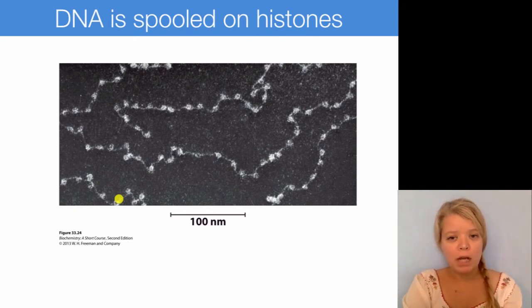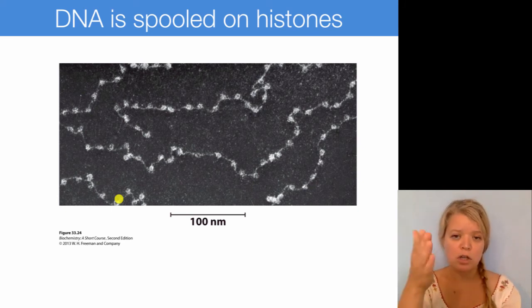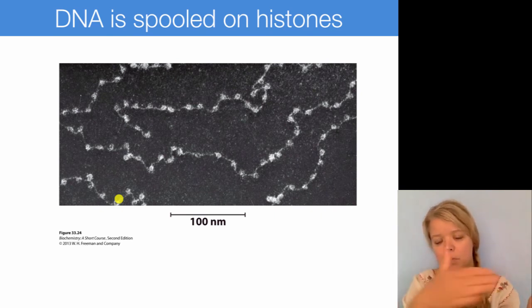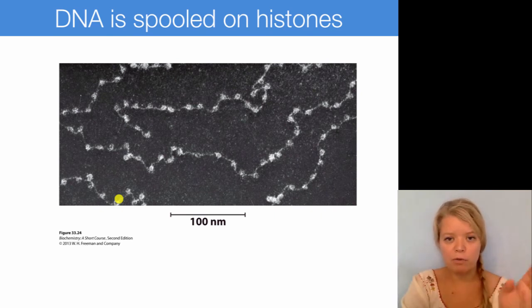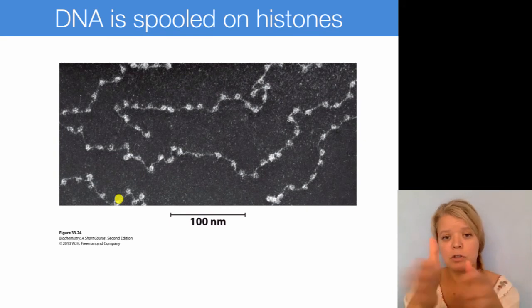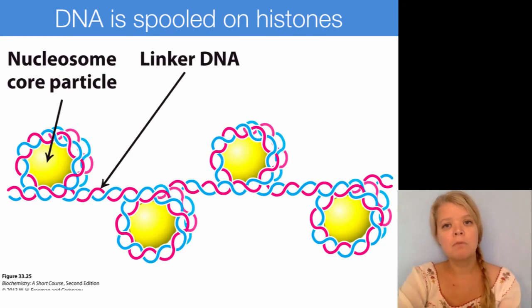What I want to point out is that even though our DNA is always coated in histones, that does not necessarily mean that DNA is not accessible for proteins that need to interact with it, for example RNA polymerase and transcription factors, because histones bind any DNA sequence and they can be readily shoved around along the long strand of DNA. So you can clear up some space and you can put your transcription factor down.